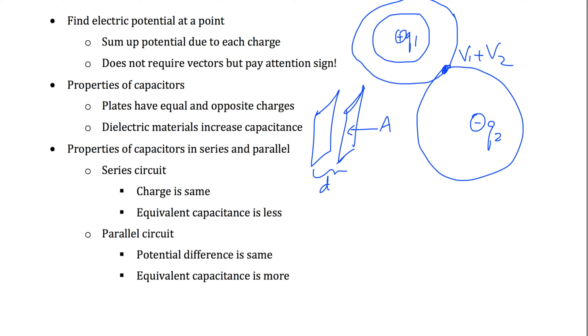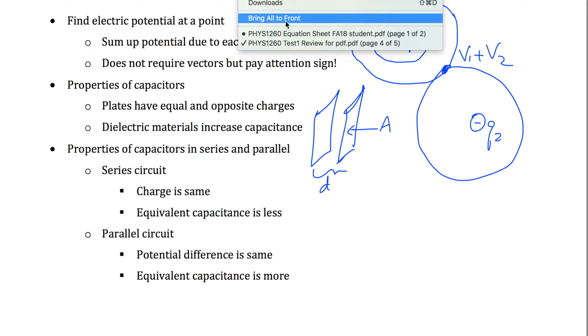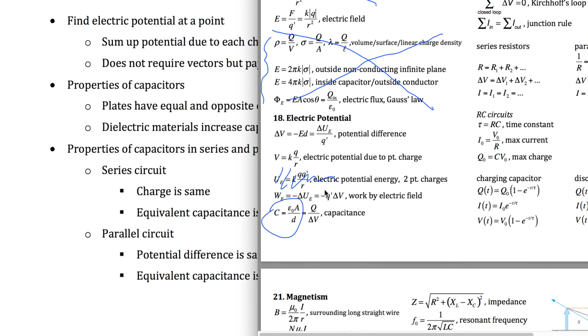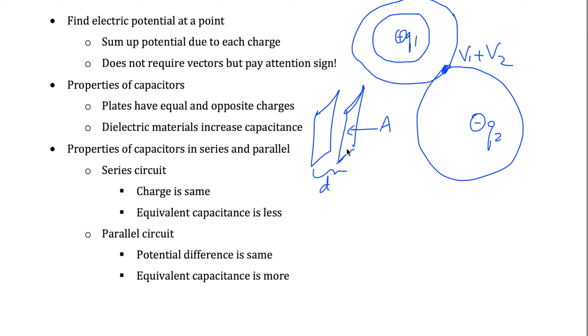And capacitance is also a measure of how much charge the plates can store for a given potential difference. So what this means is that if you hook up these plates and charge them up, let's say there's a power supply here, and if this was 9 volts, then after it's connected, you're going to have the 9 volts across the plates.